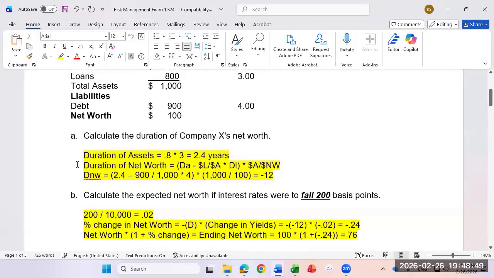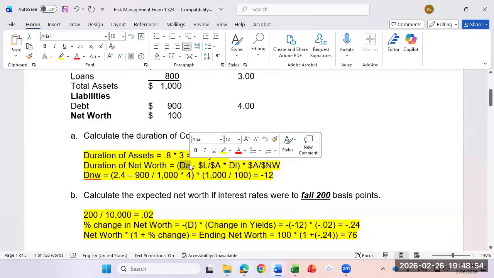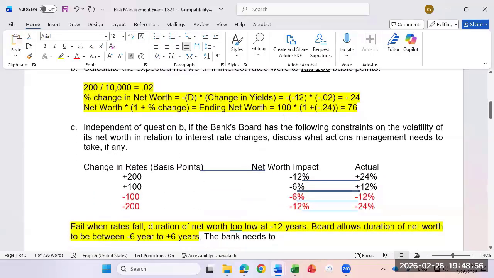This number gives you a number that's too low. Does duration of assets need to be increased or decreased? Increase. They need to increase duration of assets, or what do you do with duration of liabilities? Decrease duration of liabilities. So if it's too low, you've got to increase duration of assets, reduce duration of liabilities.